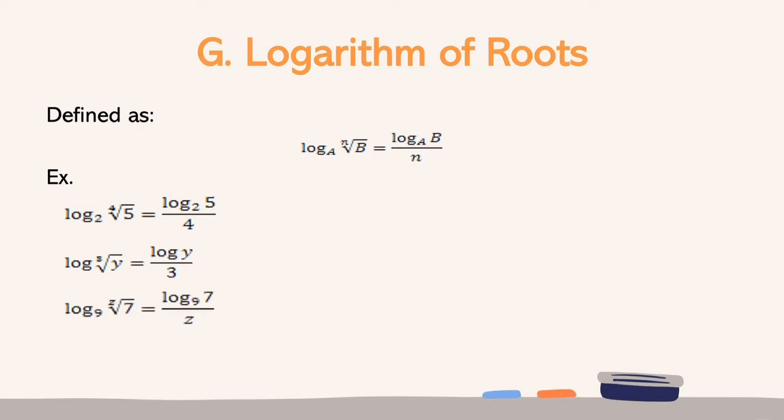The logarithm of the z root of 7 to the base of 9 is equal to the logarithm of 7 to the base of 9 over z. The logarithm of the y root of 6 to the base of 11 is equal to the logarithm of 6 to the base of 11 over y. Finally, the logarithm of the cube root of 8 to the base of 12 is equal to the logarithm of 8 to the base of 12 over 3.